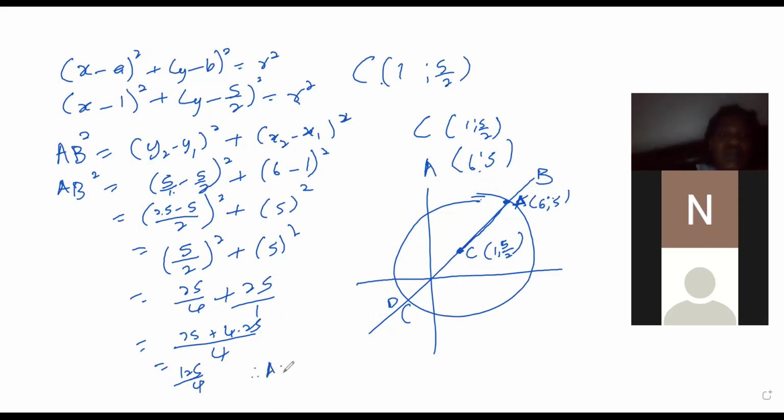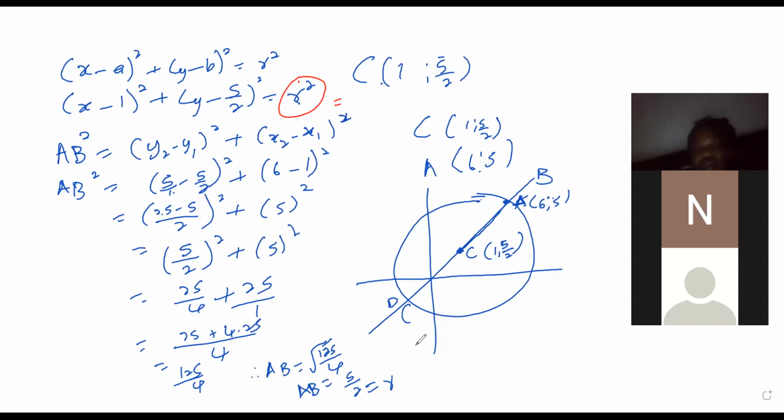Therefore, AB is the square root of 125 over 4. That's our R. So we're going to come back here and put our R. R squared is 25.